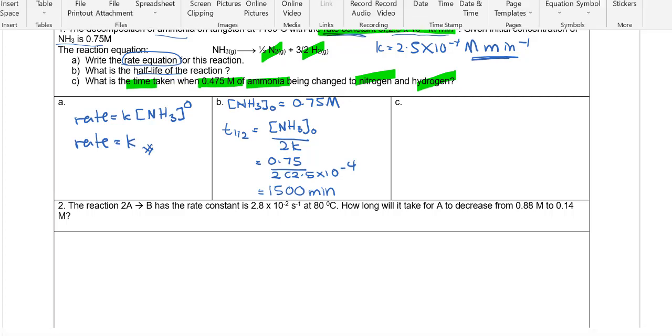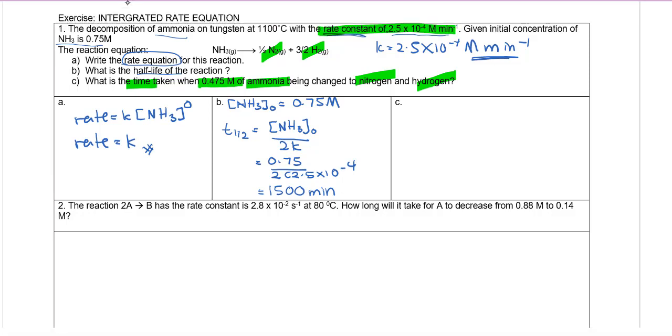If you want to find the time taken, we know the initial concentration is 0.75 molar. So we want to find the time when the concentration of ammonia remaining is 0.75 deducted by 0.475. This 0.475 is the value of concentration converted to product.